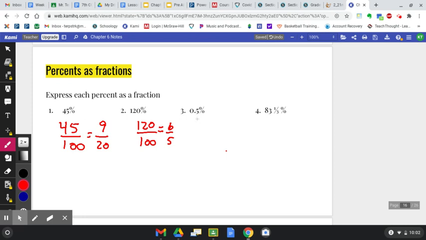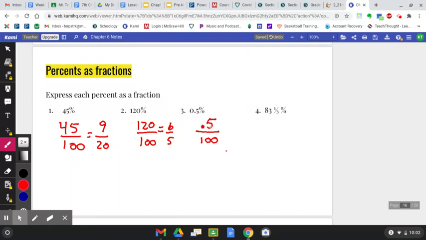Now 0.5, okay, 0.5 out of 100. You can't really write a decimal in a fraction. So the first thing I want to do is get rid of this decimal value.